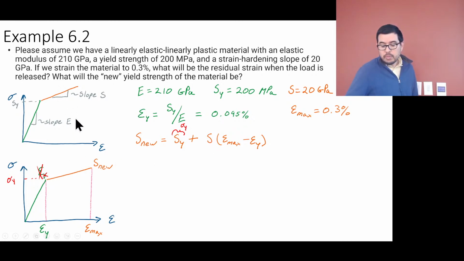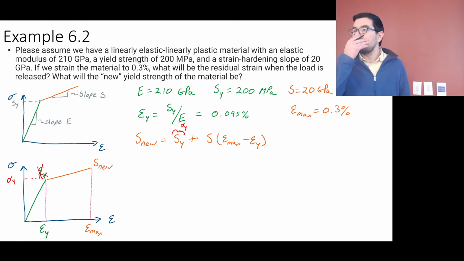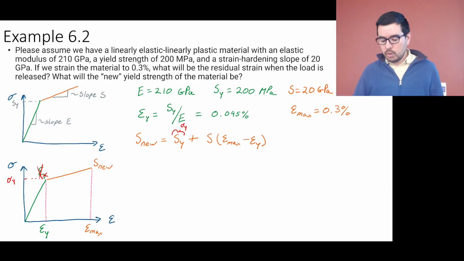I need a run times the slope to give me a rise. So the run is going to be just this epsilon max minus the onset of the strain.